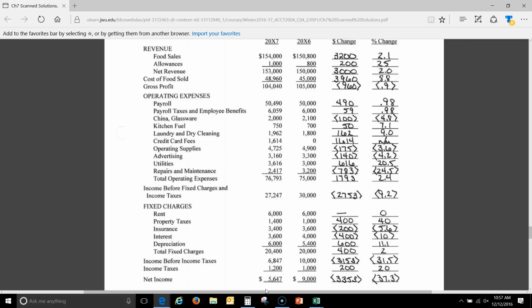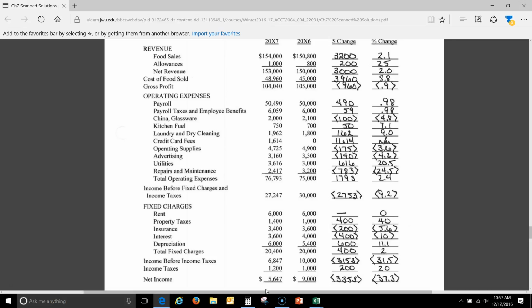Say you give us one of these that's already done, and you ask a question like, was there an increase in China glassware? We can say no, but both of them say negative. Okay, wait a minute. China glassware.